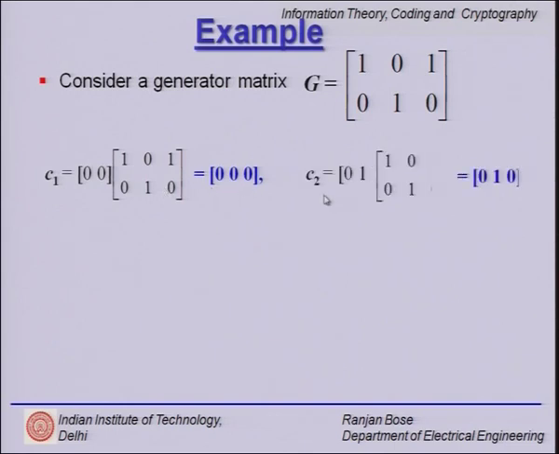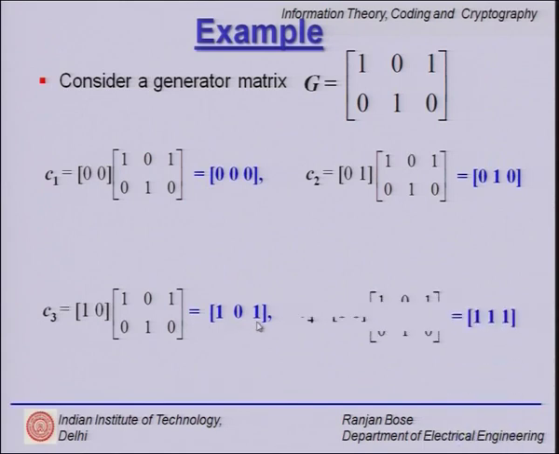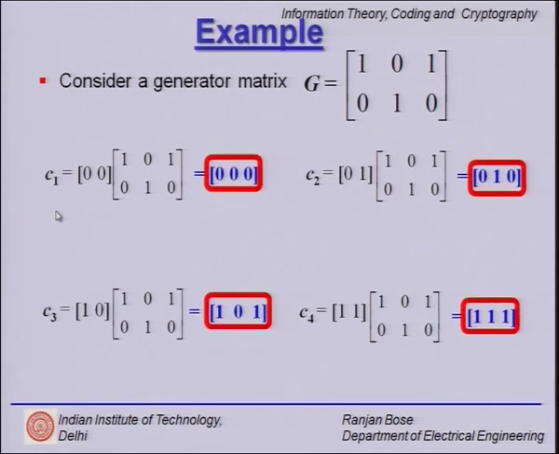Similarly, I can get the second code word by multiplying 0 1, which is the information word, with this to get 0 1 0, and same with the third one. 1 0 multiplied with the generator matrix gives you this one, and similarly the fourth. So I know there are 4 code words, highlighted here, and each code word is of block length n equal to 3. A very simple example but an instructive one.